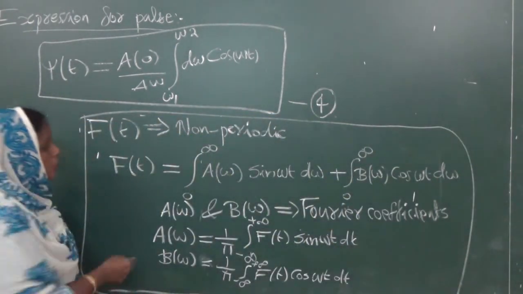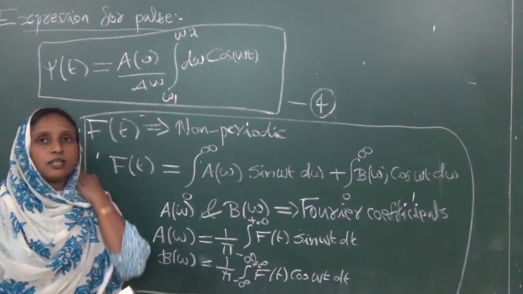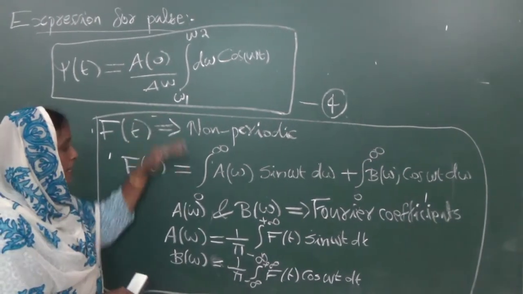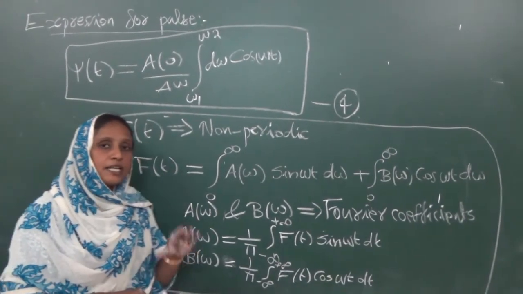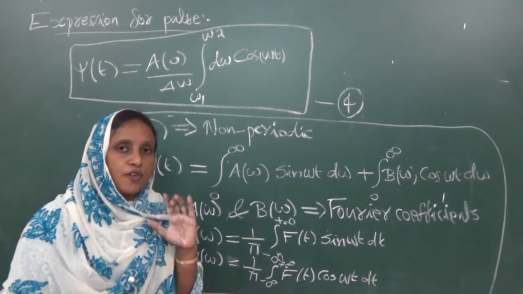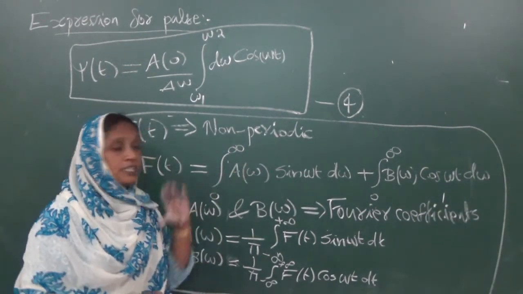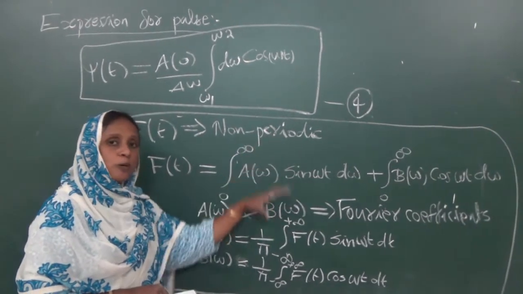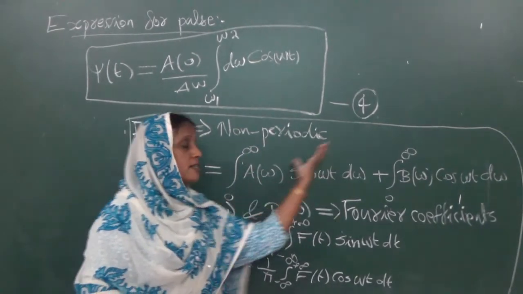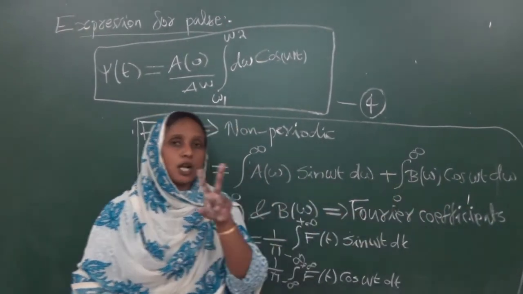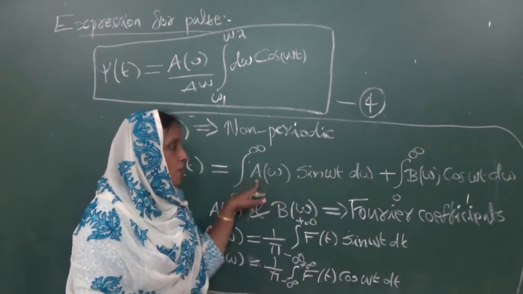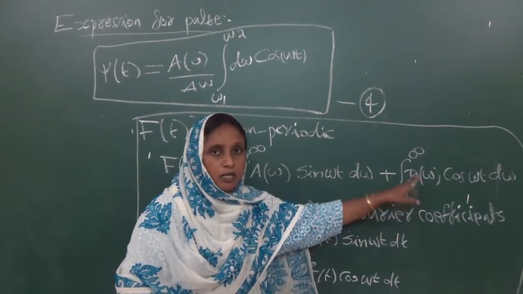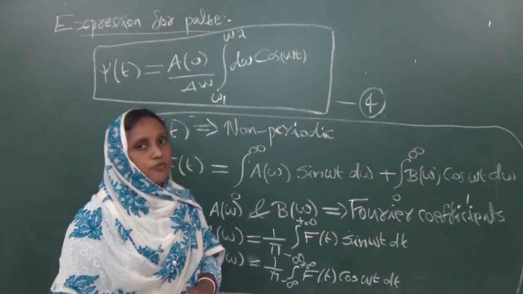This is a mathematical theorem. Any non-periodic function f of t can be expressed as a continuous superposition of sine and cos functions. So there are two coefficients, a of omega and b of omega. They are called Fourier coefficients.